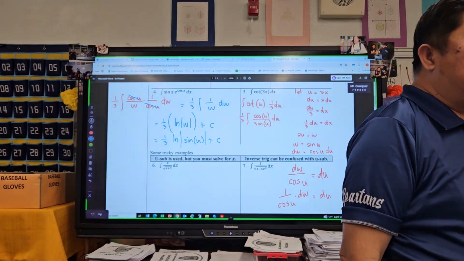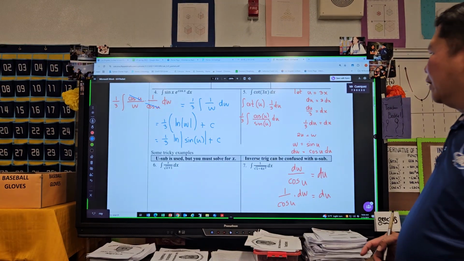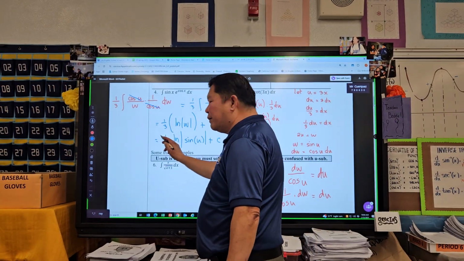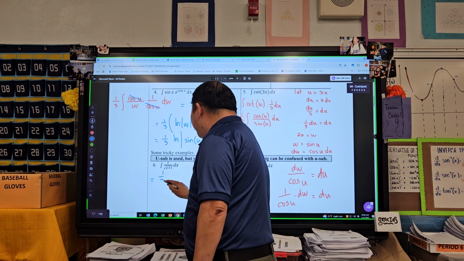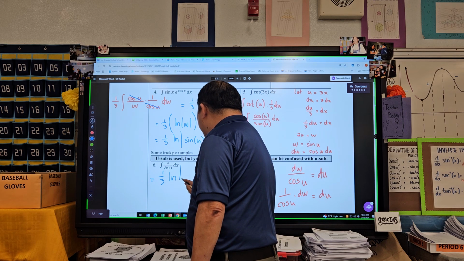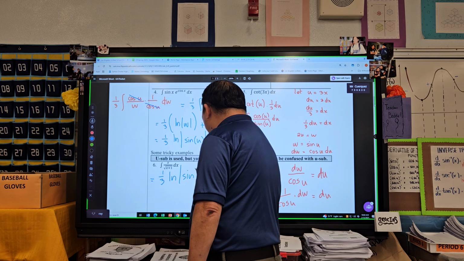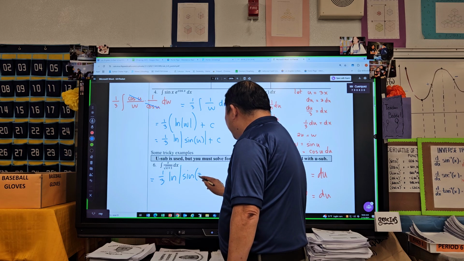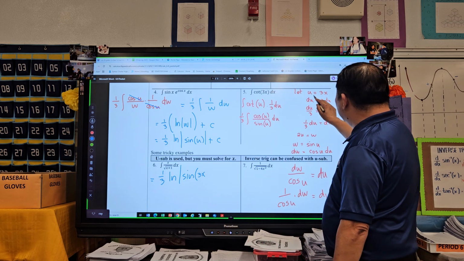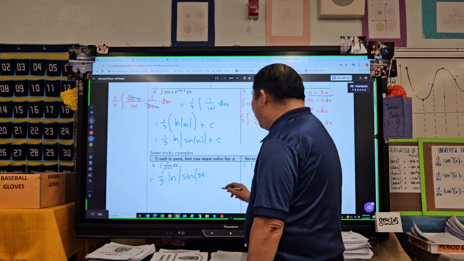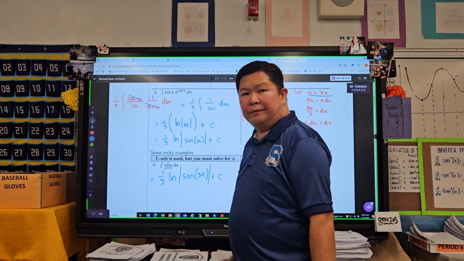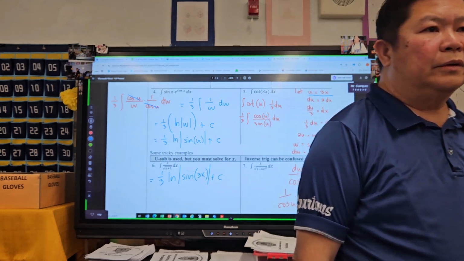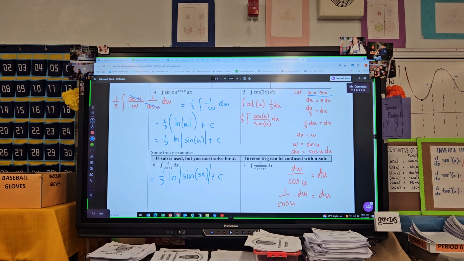What is u? 3x. Very good. So our final answer, can I just write the final answer at the bottom? So we have 1/3 ln sine, and the u you said a while ago is 3x because we let u as 3x. Okay, and then plus the constant. That is number 5. Okay. If you have questions, please let me know.